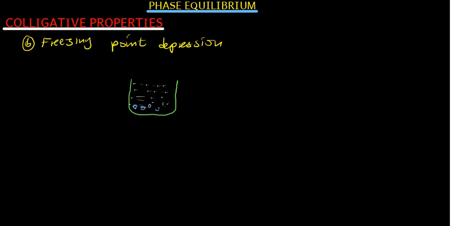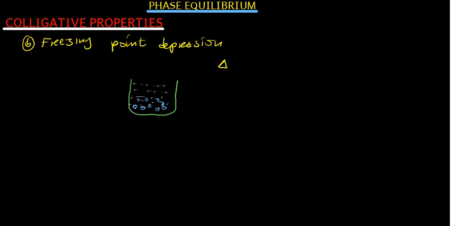What does this do? Well, on the boiling point, we saw that the addition of a solute to a solvent increases the boiling point. Now, when it comes to freezing point, the addition of a solute is going to reduce the freezing point. That is what we call freezing point depression. And how do we calculate that?